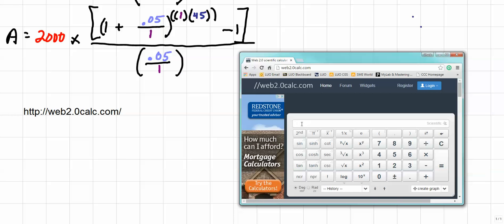Now let's input exactly the way that it's written. So the first thing is that we're going to type in 2,000. Then we're going to multiply. So we left click multiply. Now we need to understand that this is a division, and I've got a numerator and a denominator. I don't have a division or a fraction key on this particular calculator, so I'm going to need to use brackets and parentheses.